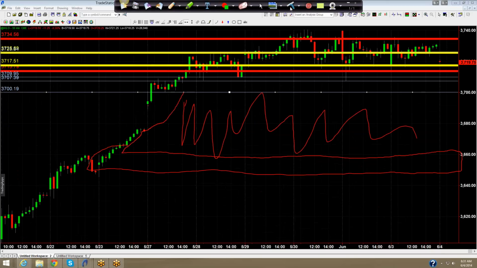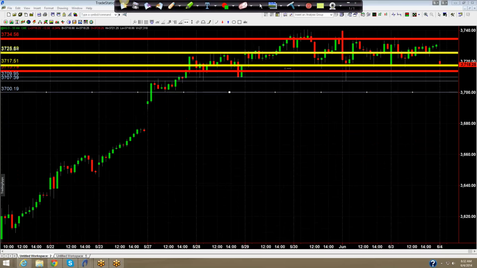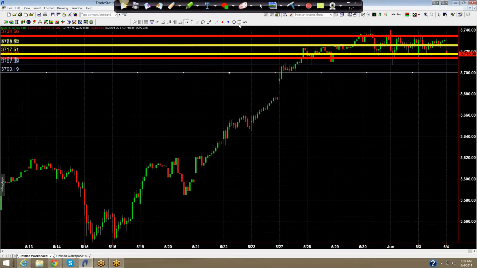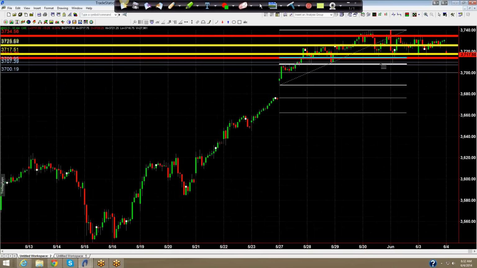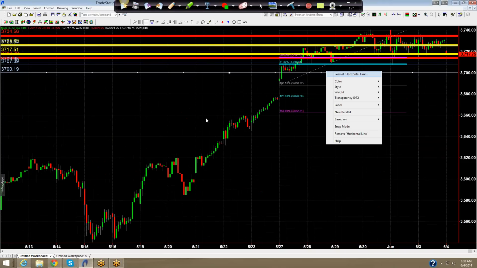Okay, the other thing to keep your eye on is if we're going to hold this. So half this gap from here to here is right here. Let's get rid of some of this stuff so we can see this easily. Cancel.